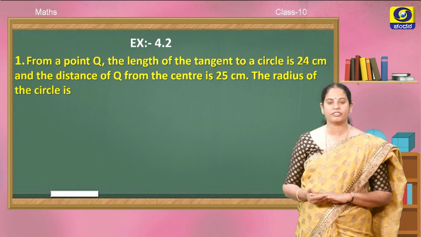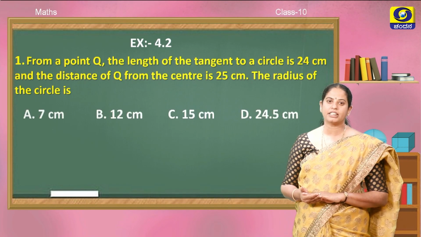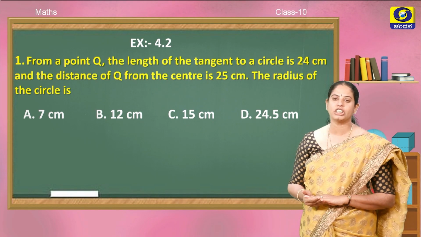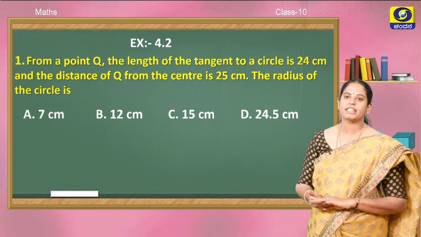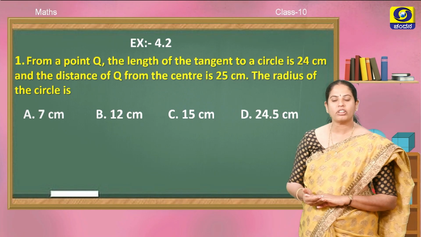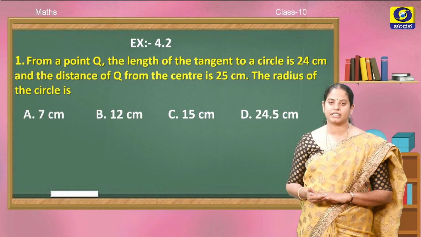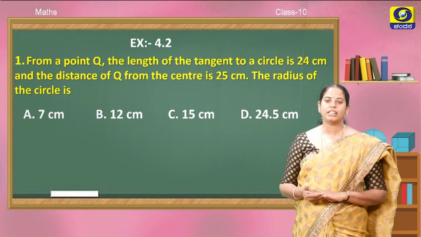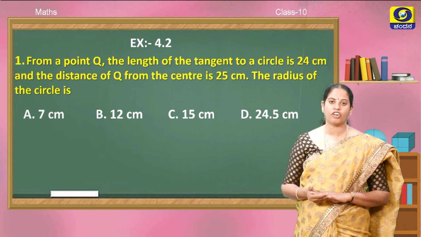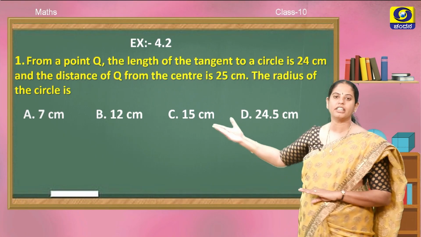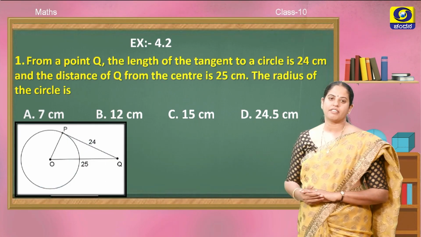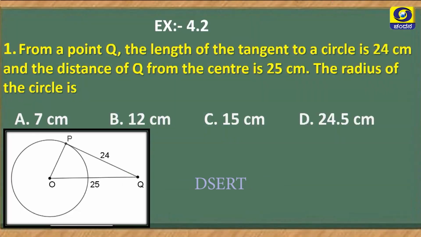One side length is given and the hypotenuse is given. We have to find the length of the other side, because we know that the triangle formed is a right triangle. Here 4 options are given: 7 centimeter, 12 centimeter, 15 centimeter, 24.5 centimeter.